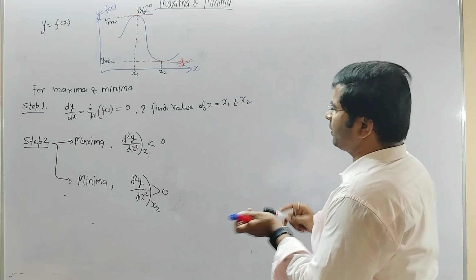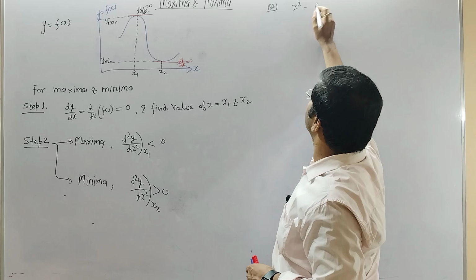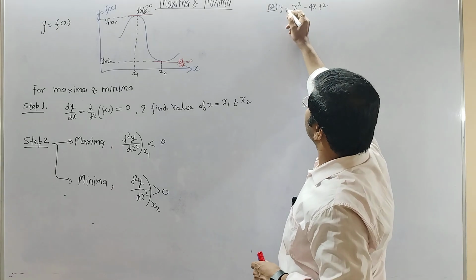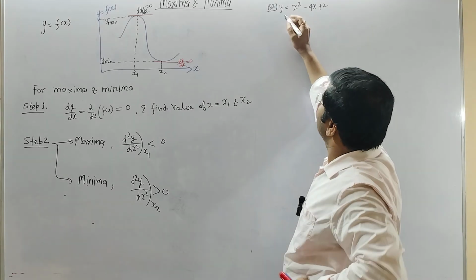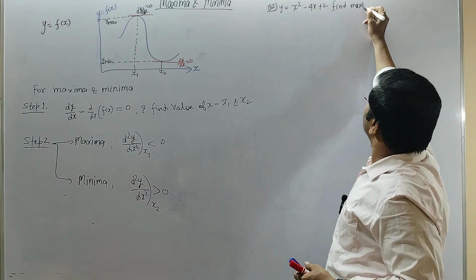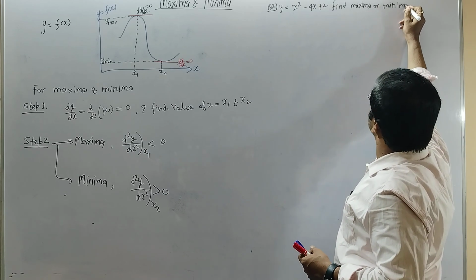If I'm saying that there is a function, let's say y equal to x square minus 4x plus, let's say, find maximum and minimum. So find maxima or minima, whatever is possible.